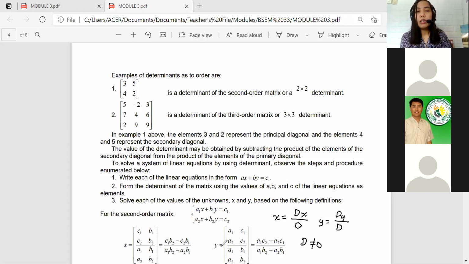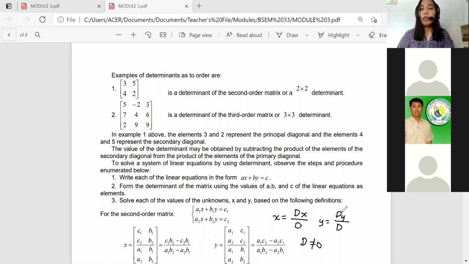So, this is the long process. How are we going to find x? So, the D, we know, is the numerical coefficients of x and y. And for Dx, we're going to copy y and change your x to the constant. So, it means the constant becomes the value for x and y is retained.